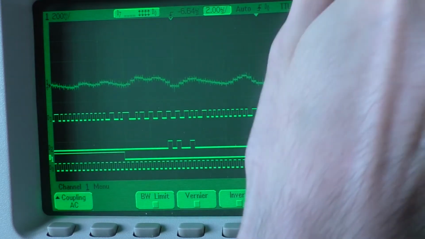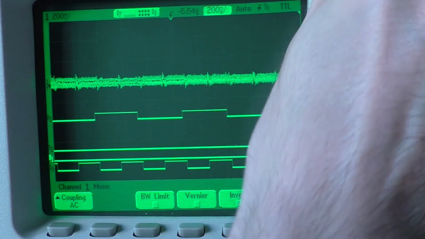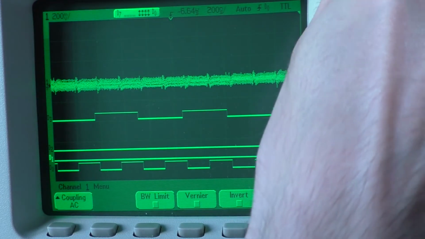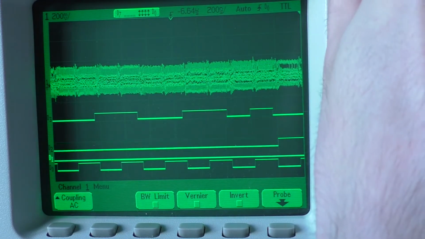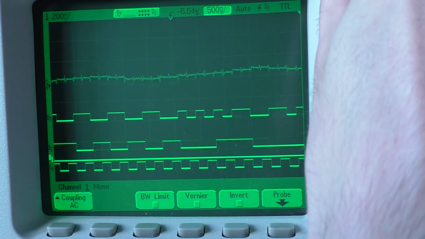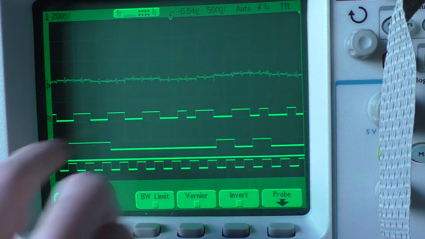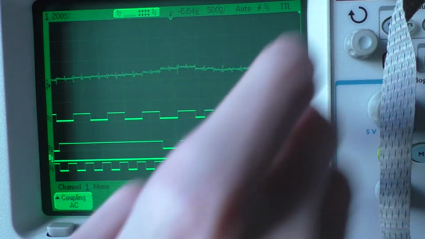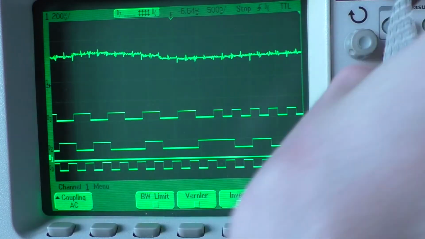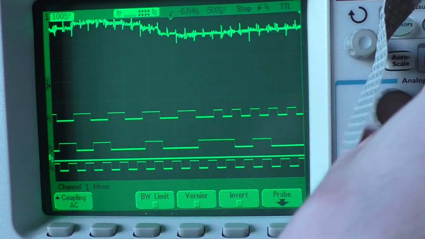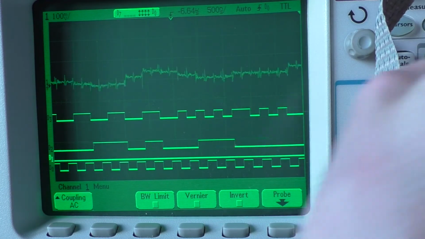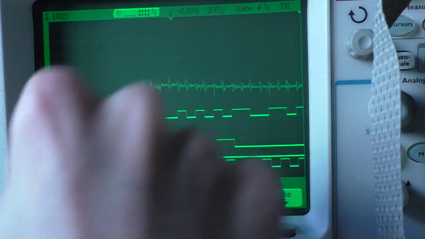If I zoom in, the scope is actually switching to equivalent time sampling mode, so we get to run it a bit slower. You can see there is a bit of crosstalk and to some extent a staircase shaped signal.